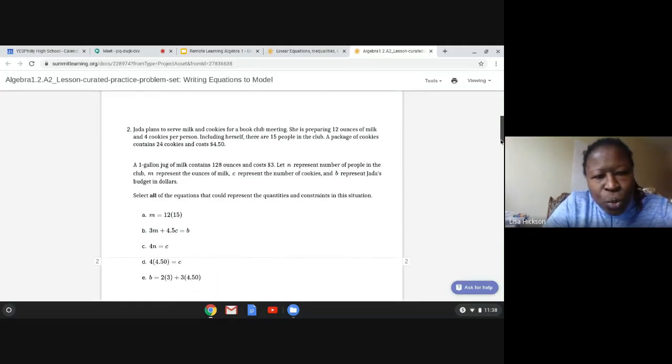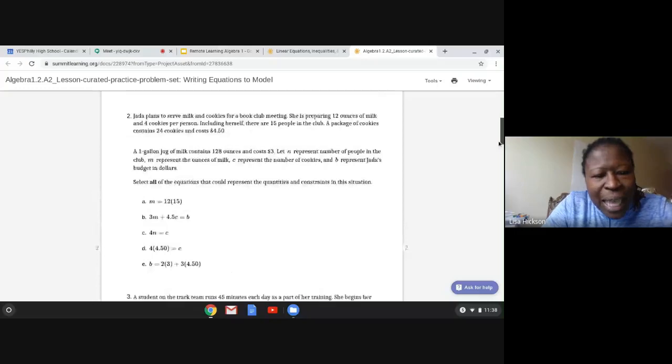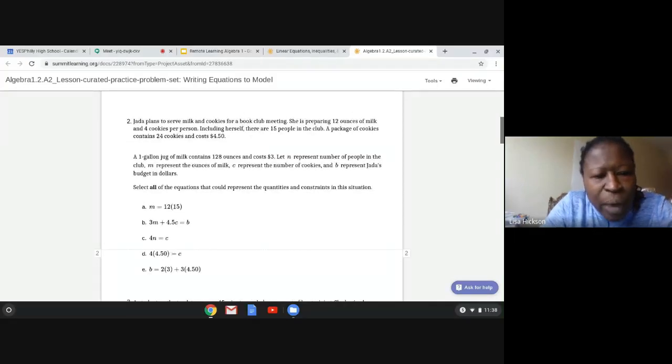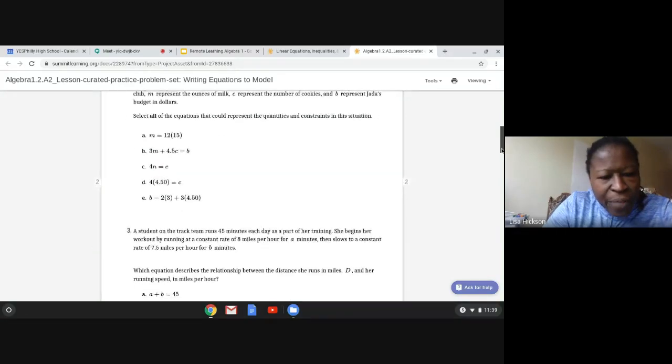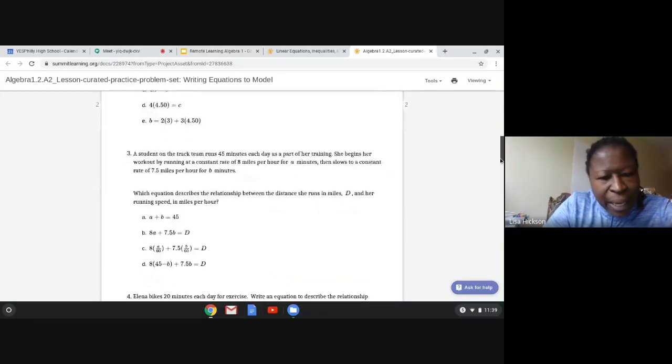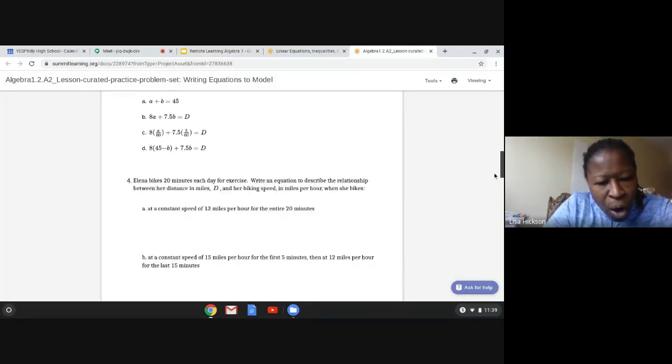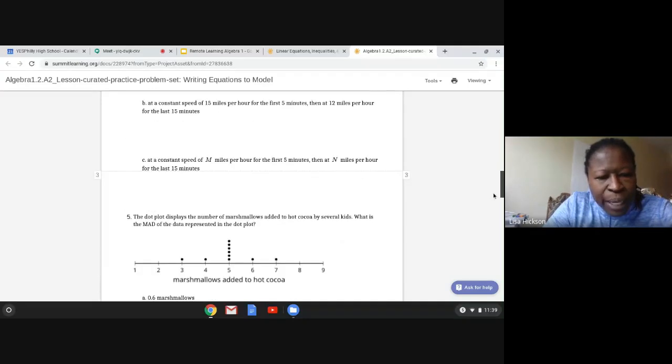In number 2, you are going to select all of the equations that could possibly represent the situation and the constraints listed in number 2. And then for number 3, same thing. Which equation represents that situation? And number 4, you have to answer some questions.